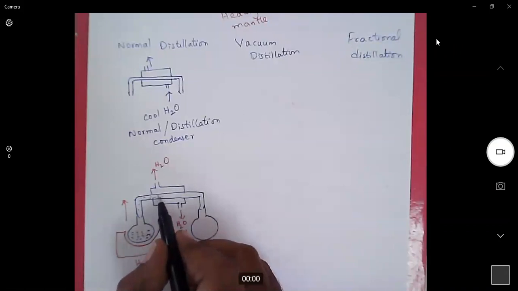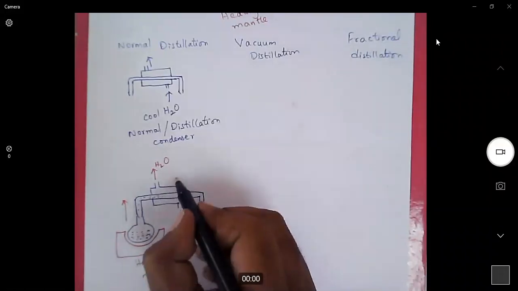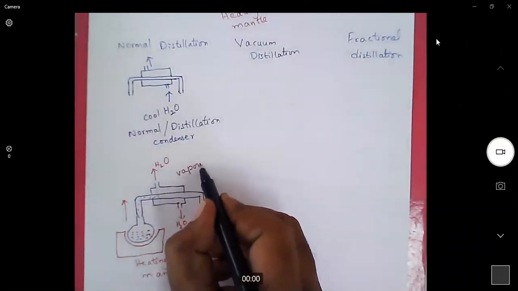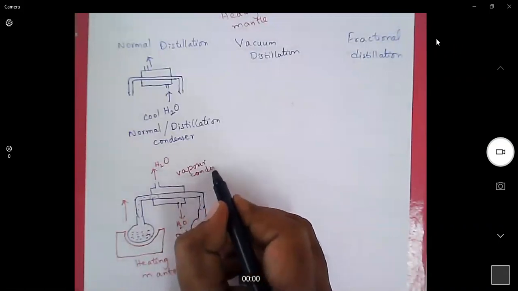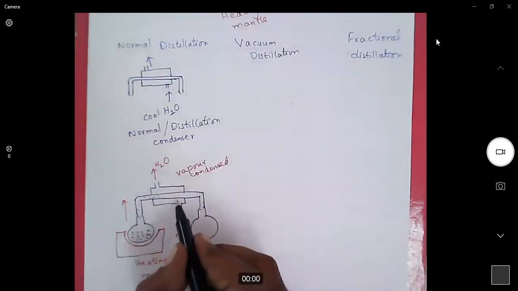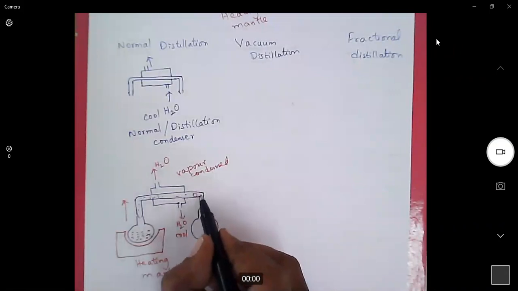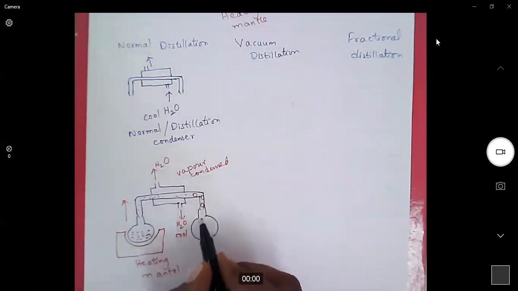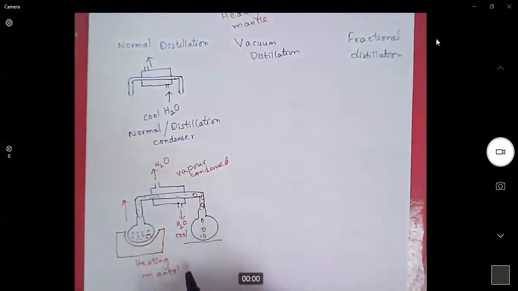The energy from the vapor will be absorbed by the cooling system, so the vapor will get condensed and again becomes liquid. This is how we purify mixtures of solvents using normal distillation.